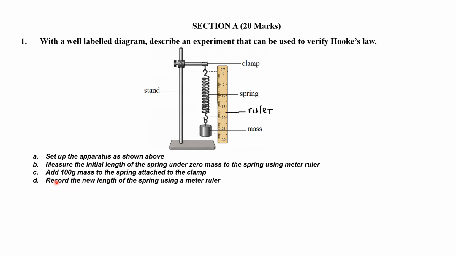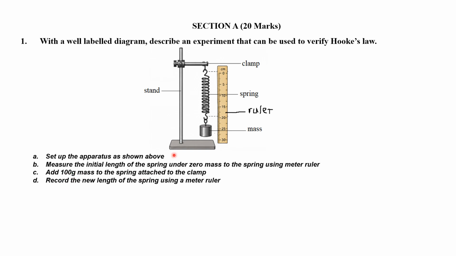So you record the new length of the spring using the meter ruler. The new length of the spring is the one produced by the mass.